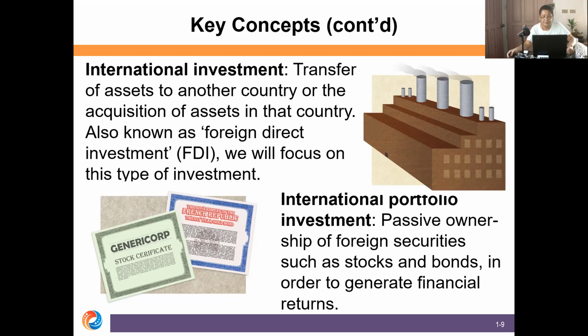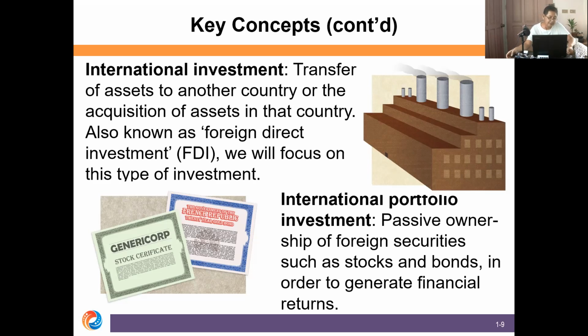Another concept is international portfolio investment. Portfolio, the word, international portfolio investment. This means that there is a passive ownership of foreign securities such as stocks and bonds in order to generate financial returns.